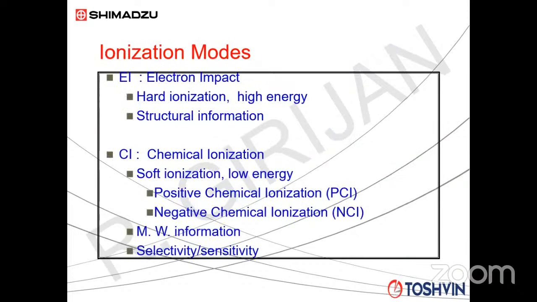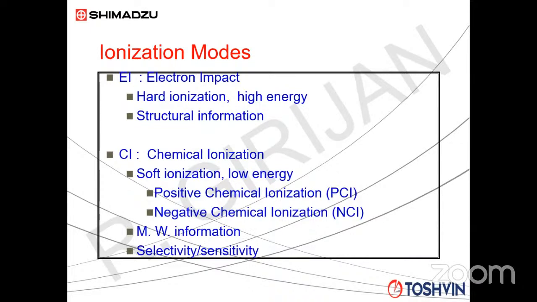Okay. Now I am coming to ionization mode. The most important ionization mode in GCMS is called electron impact ionization mode, EI mode. By default, it will come. Whichever company, whichever model you are purchasing, whether you are purchasing a GCMS from A, B, C, or D, different companies, they all will give you electron impact ionization as the default mode, because it is the most widely used ionization technique.